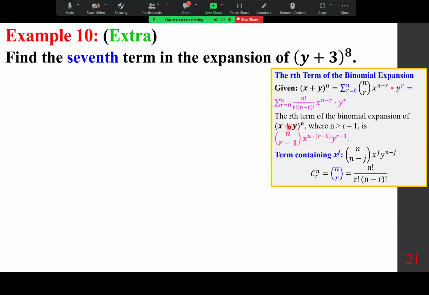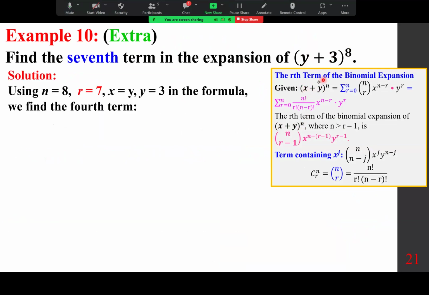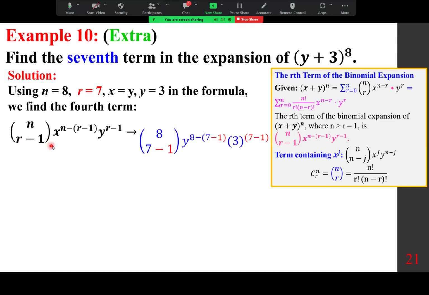If we stick with (x + y), x is being replaced by y and y is being replaced by 3. And if we go with this formula, we replace the n with 8, r minus 1, 7 minus 1, and we write the rest of it. So (8 choose 7 minus 1), y to the power of 8 minus (7 minus 1), and so forth.